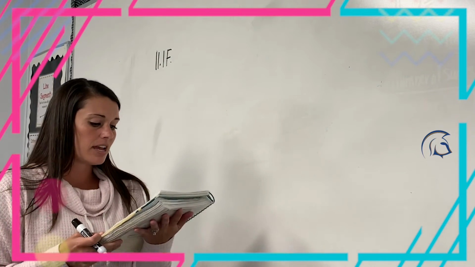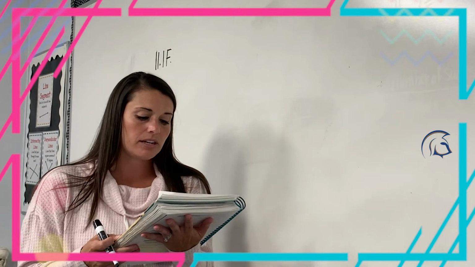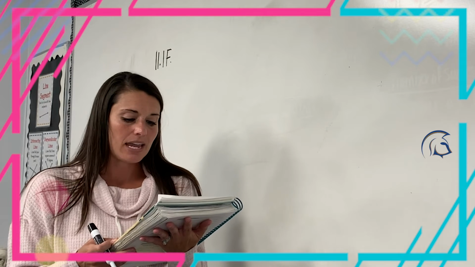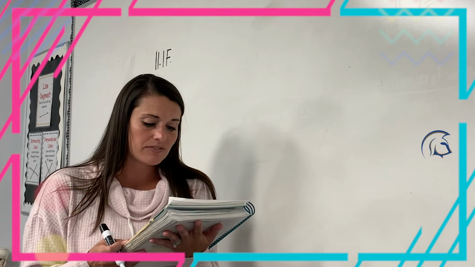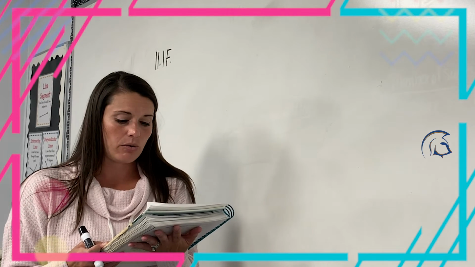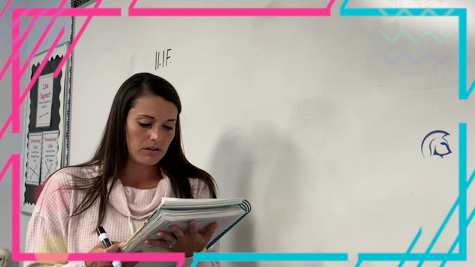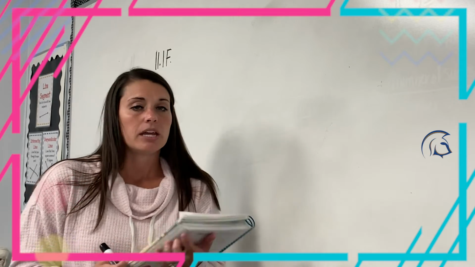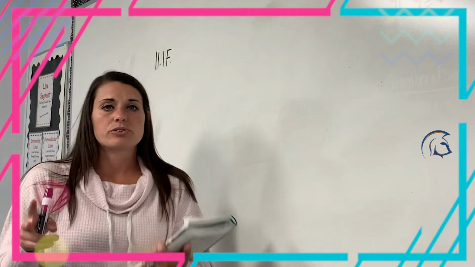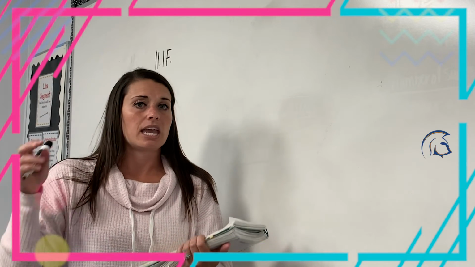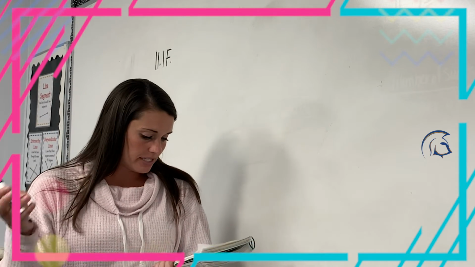A bag contains 12 solid colored dominoes, 8 red, 3 blue, and 1 yellow. What is the probability of selecting a red domino or a yellow domino at random? Okay, here we go. These 2 events are mutually exclusive, okay? It can't be both red and yellow, it's either or.